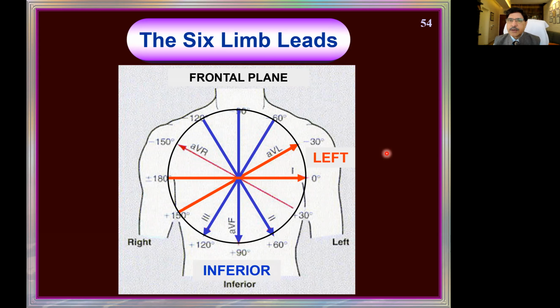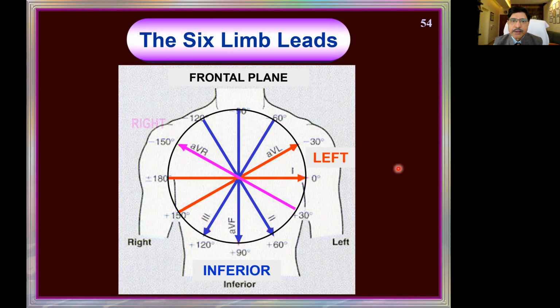Supposing there is a left-sided infarction on the left lateral surface, then it will be shown here. If there is a diaphragmatic infarct or an inferior infarct, it will be shown here. Now you see, this lead is plus 30 on this side, but in the calibration we say 0, plus 30, plus 60, but all the waves recorded in the AVR are negative deflections and not positive, because the lead is exploring the positivity from that side.